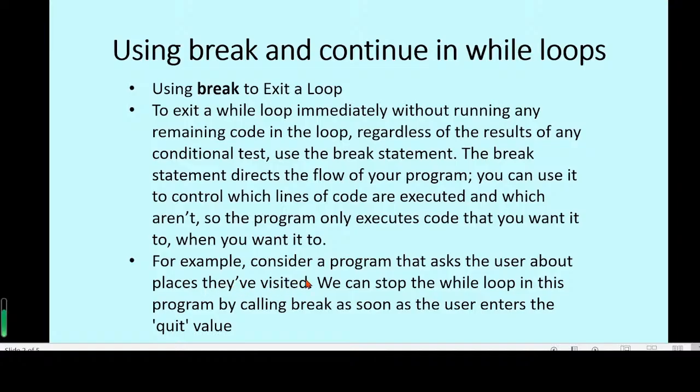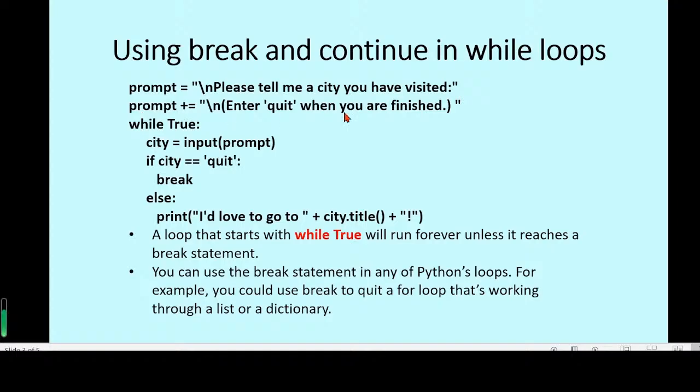For example, consider a program that asks the user about places they have visited. We can stop the while loop in this program by calling break as soon as the user enters the quit value. So this is a two-line message that prompts the user to tell a city they have visited and to enter quit if they are finished. Then a while loop starts with while True.